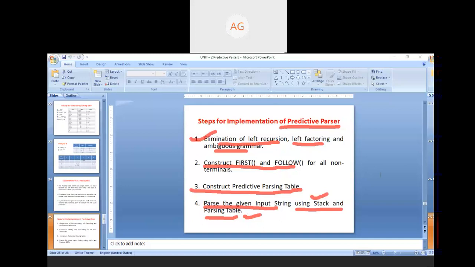After that, you solve it, and then you need to find the first and follow sets. This is a very important concept. First, you need to check whether the grammar contains left recursion, left factoring, or ambiguity or not. So, moving to the next slide.